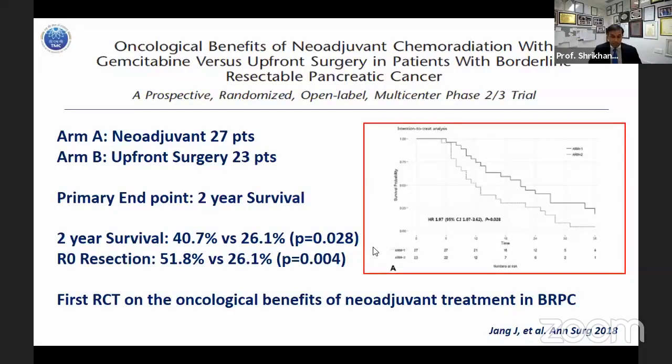This is the first randomized trial. There are challenges of this trial, and I won't go into the details in terms of heterogeneity and small group of patients, but this came from Korea.